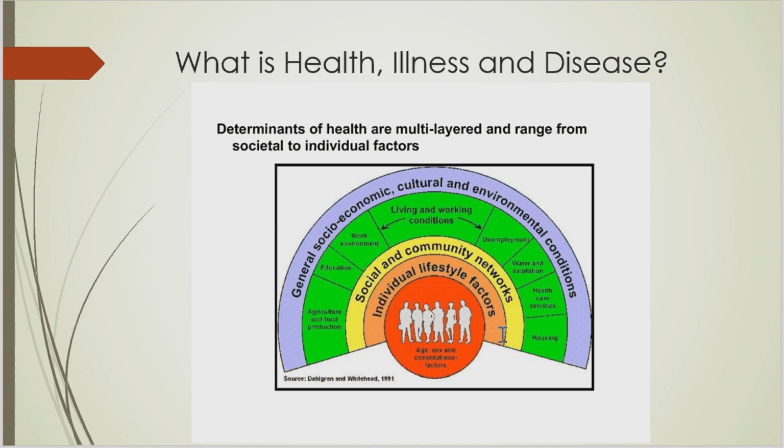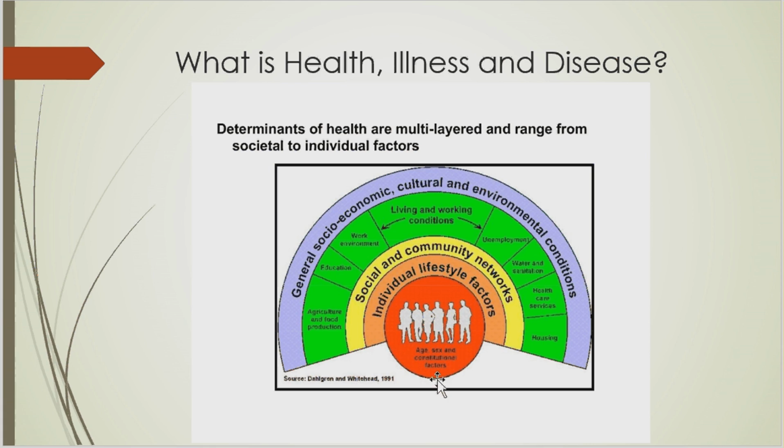Okay? All right, so just a little schematic there to describe the determinants of health. Here we have the core determinants of health, and that is the intrinsic factors of the individual.